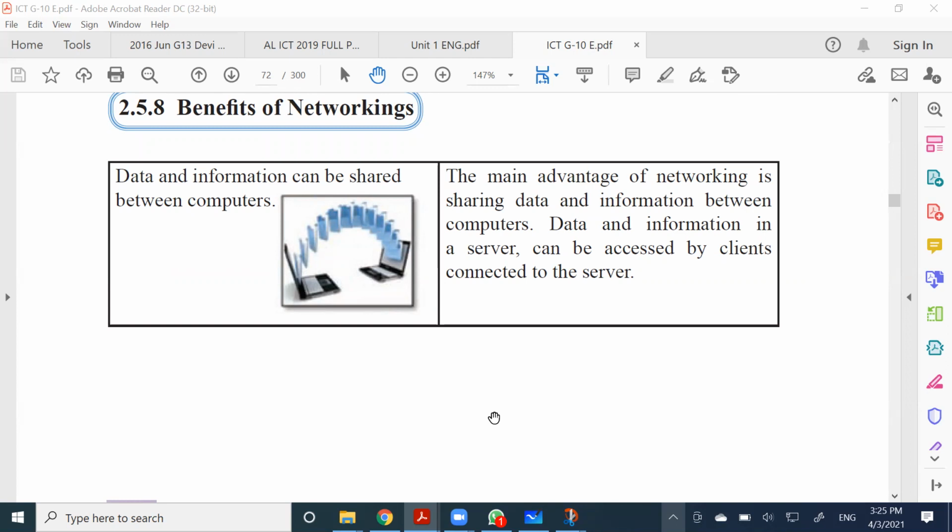But when the computers are networked, you can easily transfer data from one computer to another. And if the network is done in a correct manner, it will take seconds to transfer a big amount of files from one computer to another, because it is that speed.